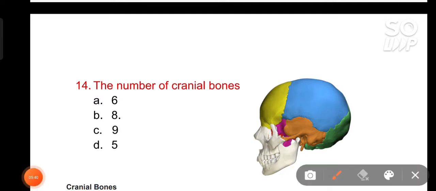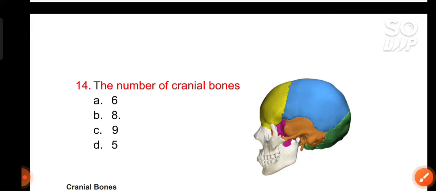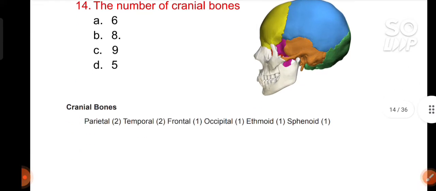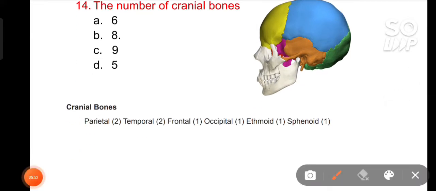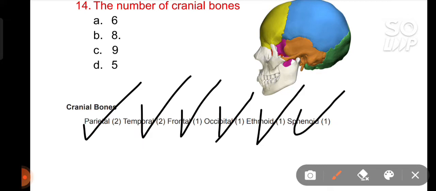The right answer is option B, 8. So in the skull, the cranium side has 8 bones. The bones are 2 parietal bones, 2 temporal bones, 1 frontal bone, 1 occipital bone, 1 ethmoid bone, 1 sphenoid bone.